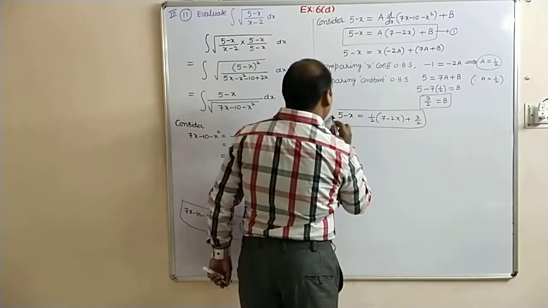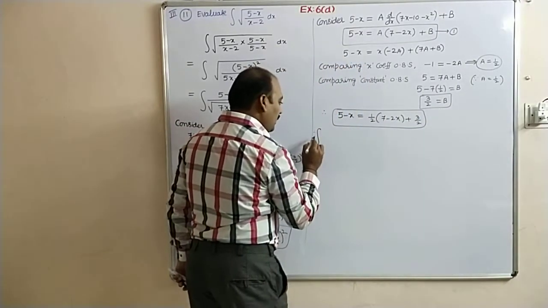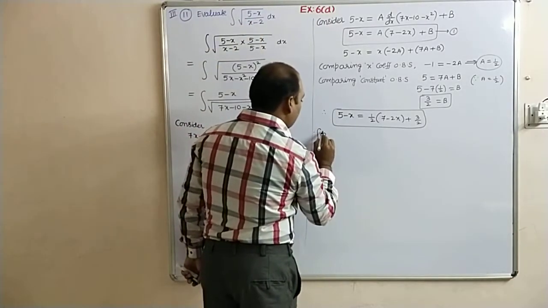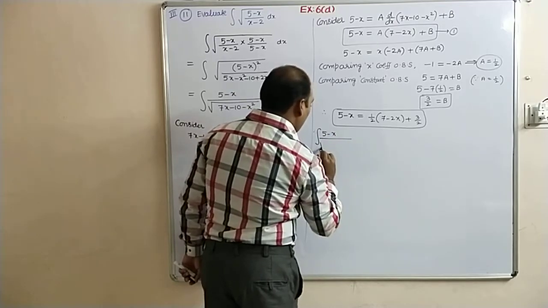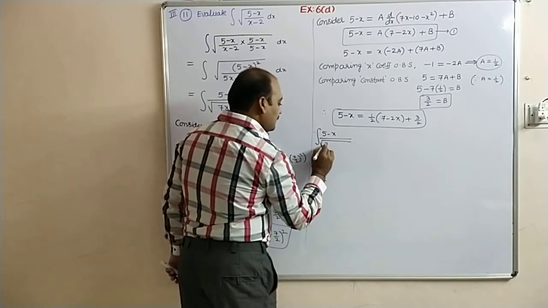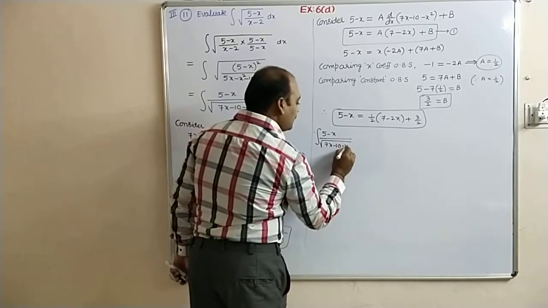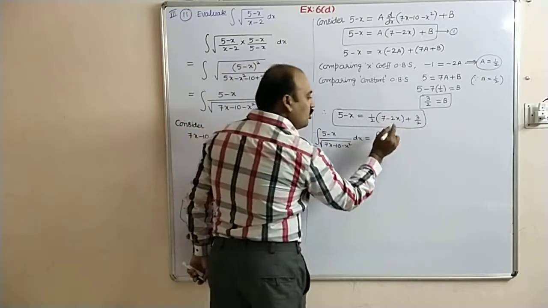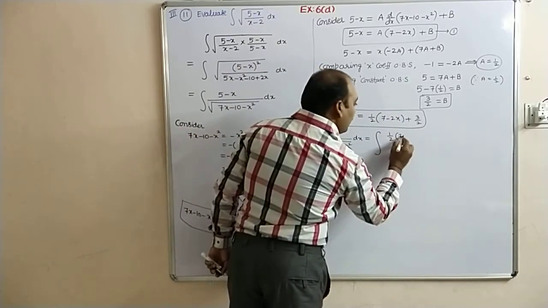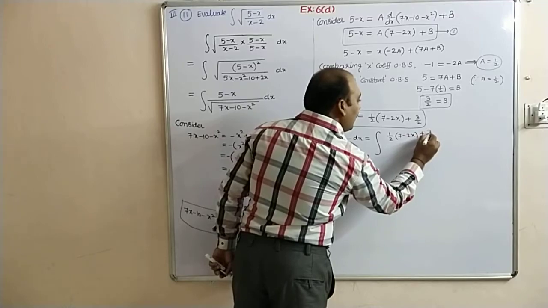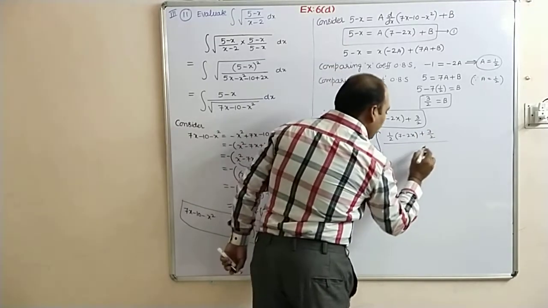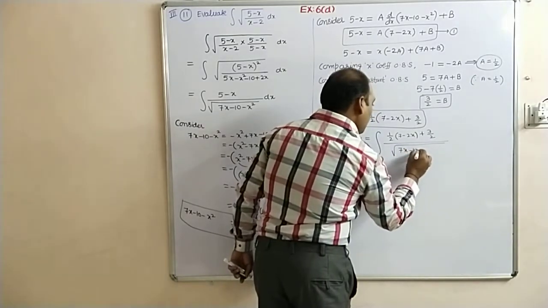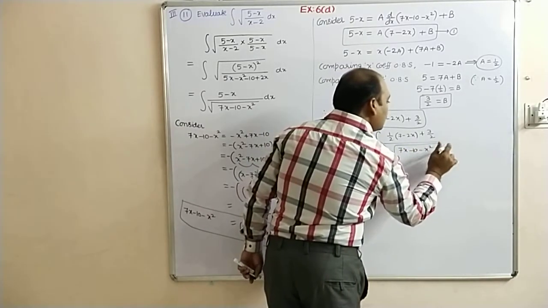The given integral becomes, this also can be written as this one. So integral of 5 minus x by square root of 7x minus 10 minus x square into dx can be written as, in place of the numerator 5 minus x, you have to write half into (7 minus 2x) plus 3 by 2, whole divided by square root of 7x minus 10 minus x square into dx.